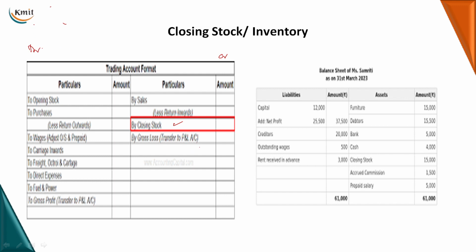This is a trading account, so one entry will be on the credit side of the trading account, and another entry would be on the asset side of the balance sheet here, right?